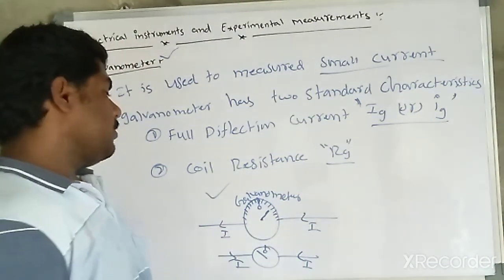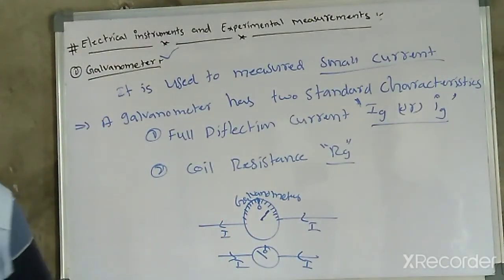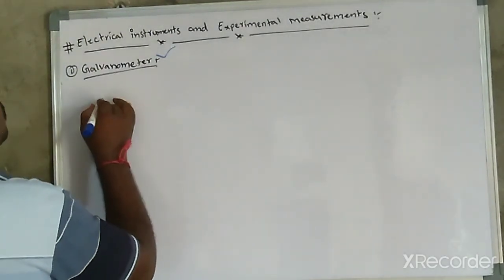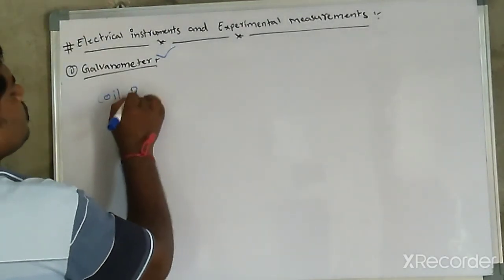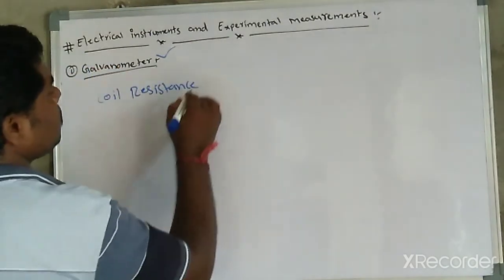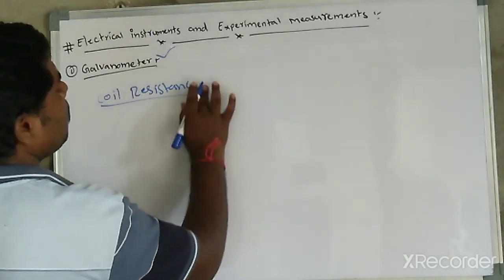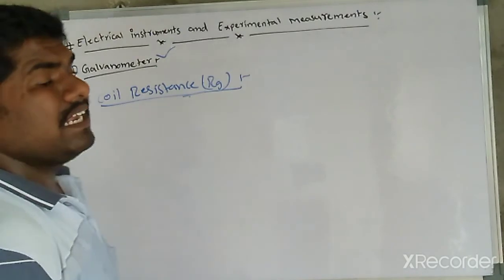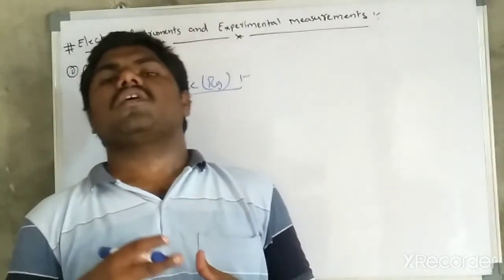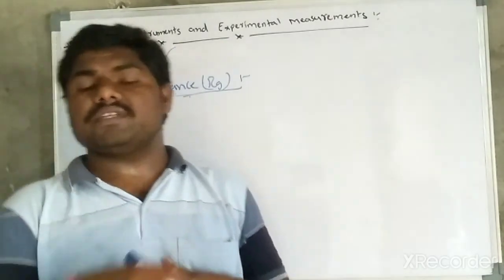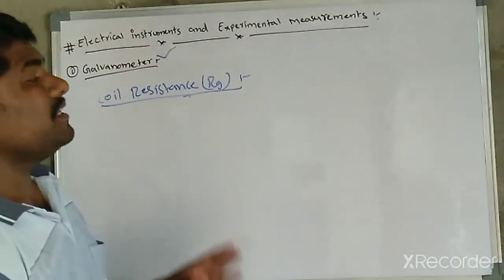Very important: the second standard characteristic is coil resistance, denoted by the letter Rg. This is nothing but the resistance of the inner coil of the galvanometer through which current is passed. It means a series combination.